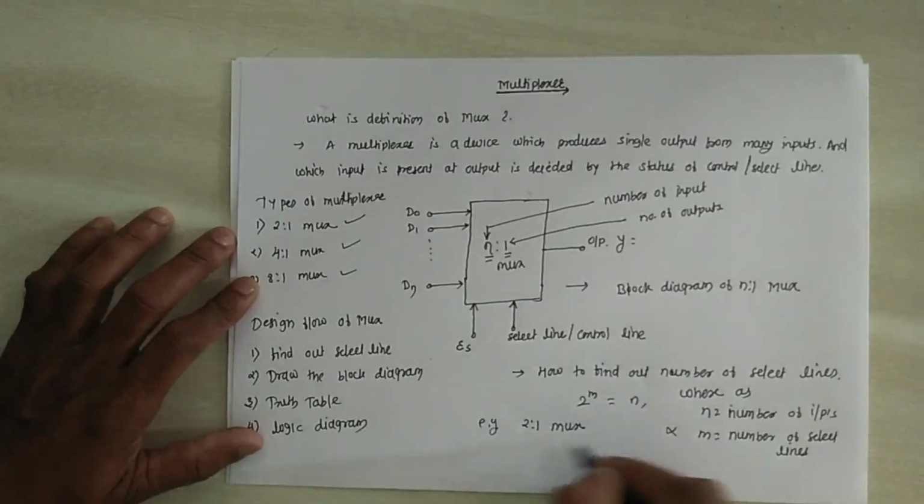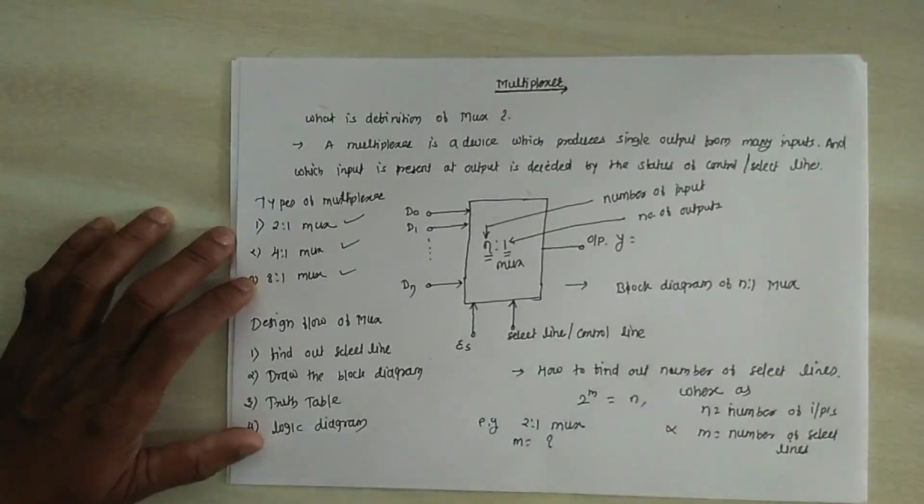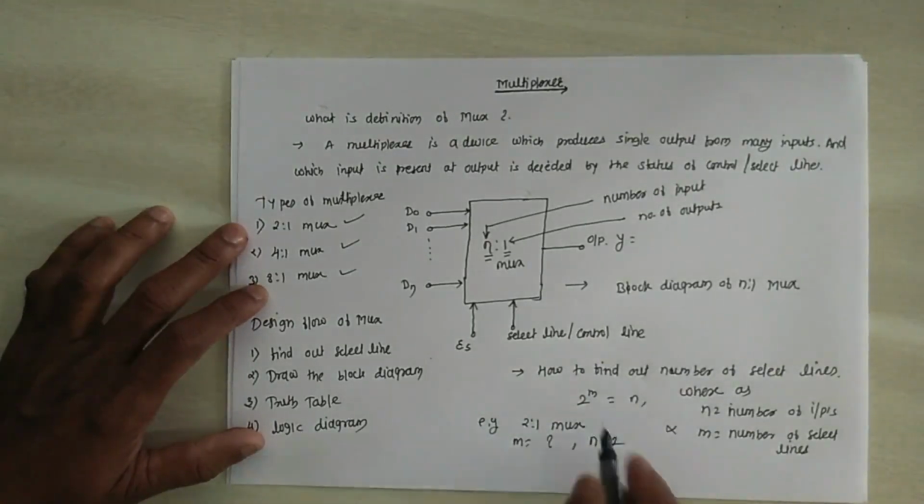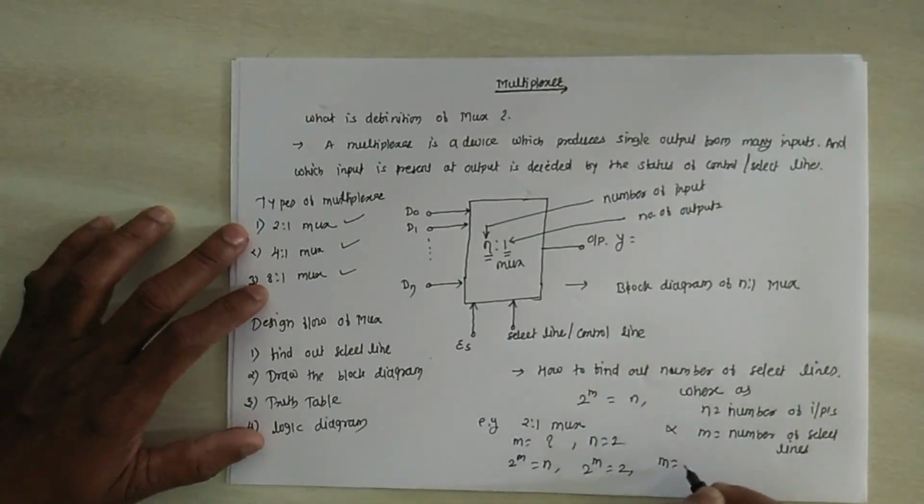We have to find m, which is the number of select lines. So we first identify the number of inputs: n is equal to 2. We put the value of n in this equation: 2 raised to m is equal to 2. We have to find m by trying 0, 1, 2; this condition should be satisfied.